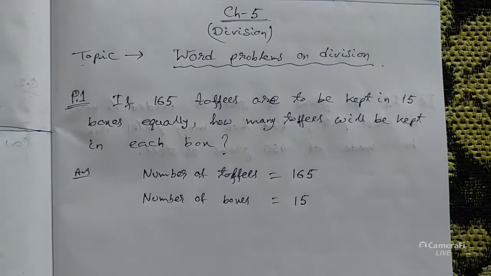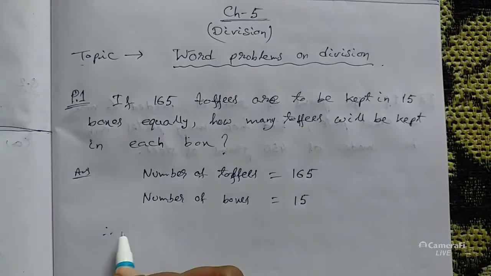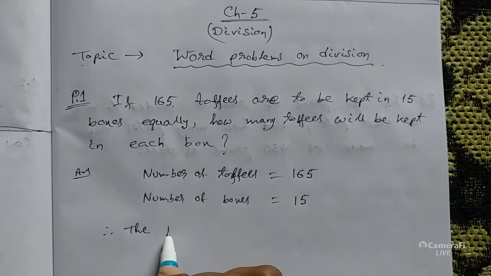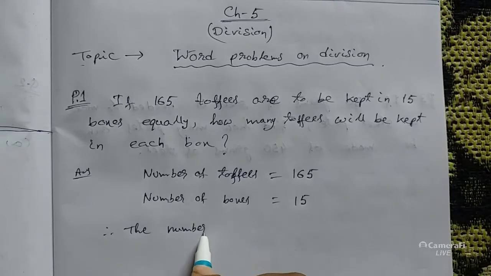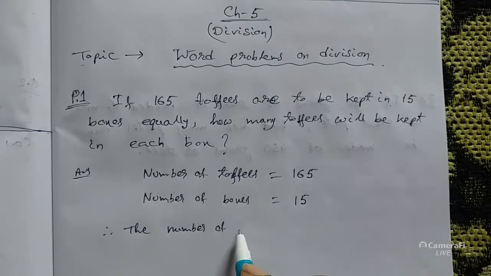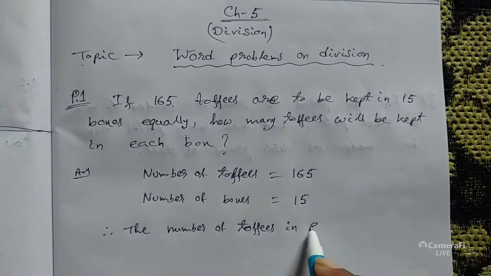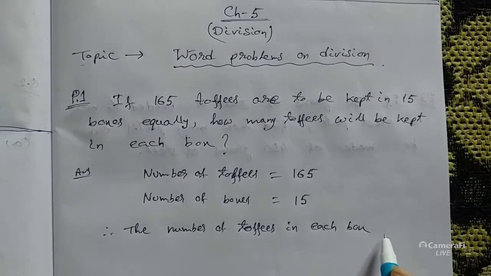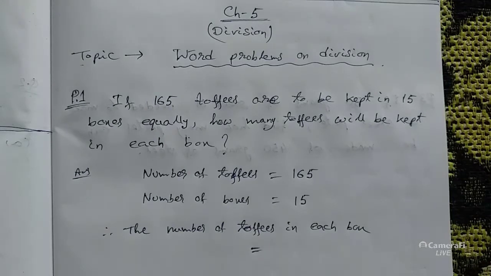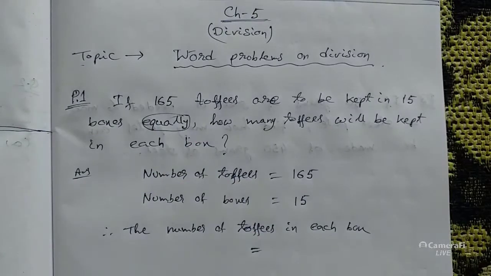So therefore the number of toffees in each box should be, as we are distributing 165 toffees equally in each box, the total number of boxes is 15.